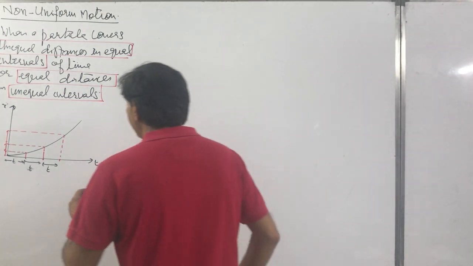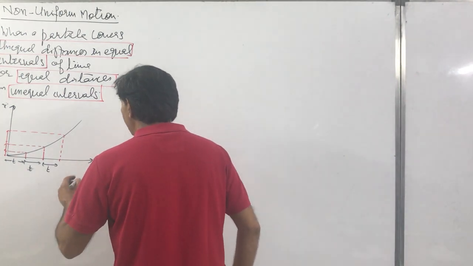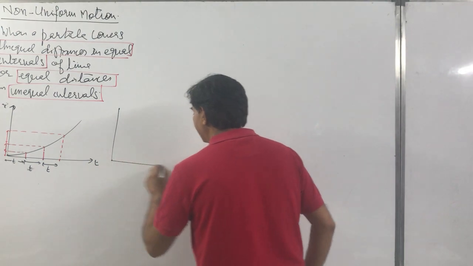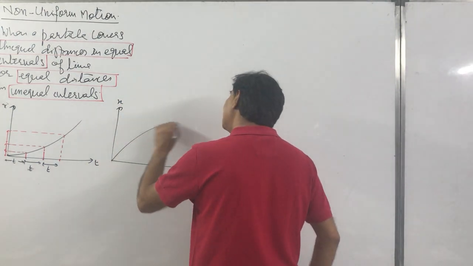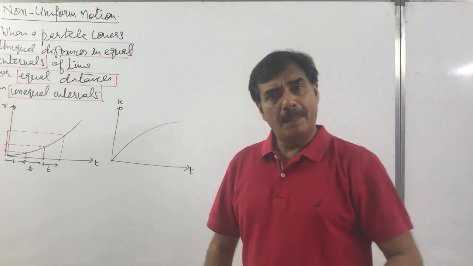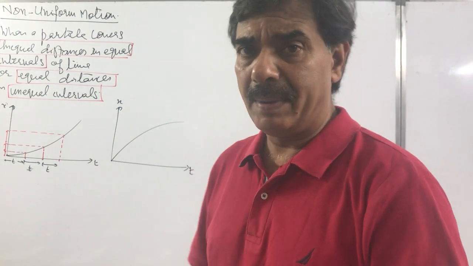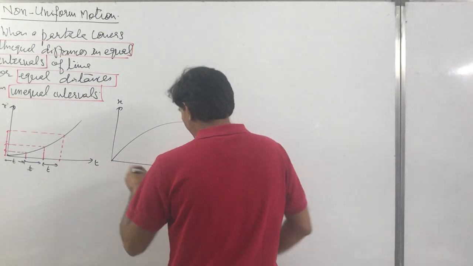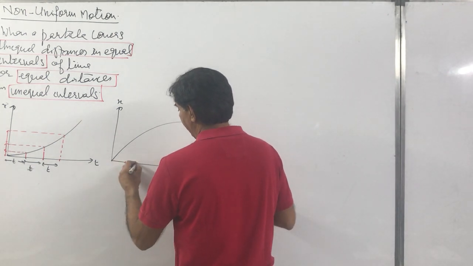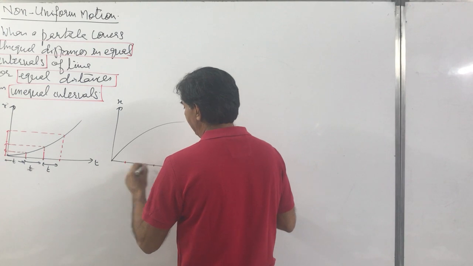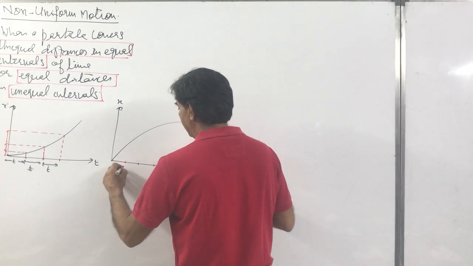On the other hand, if your position time graph is like this, the particle is moving along a straight line. Remember, then one is this time interval, one is this time interval, one is this time interval. They are all equal time intervals, right?